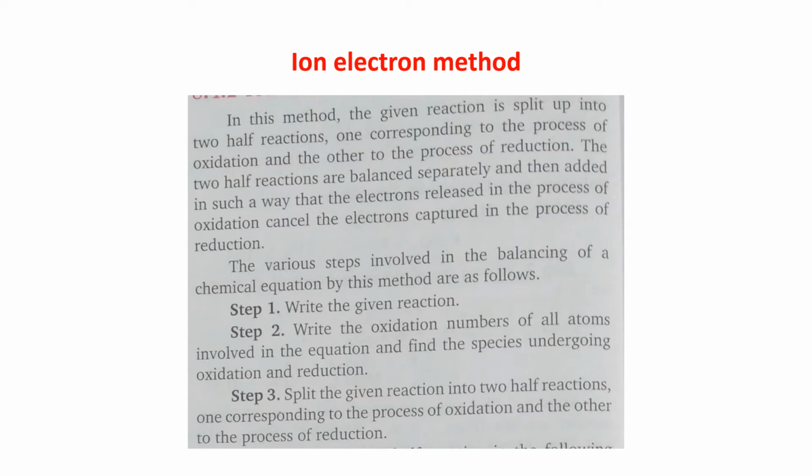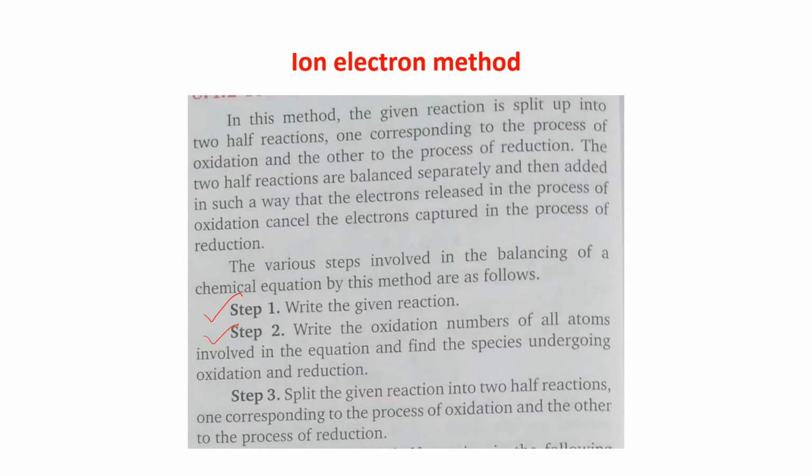Step 1. Similar to the oxidation number method, write the given reaction. Now step 2. Write the oxidation number of all atoms involved in the reaction and find the species undergoing oxidation and reduction. You know about this.